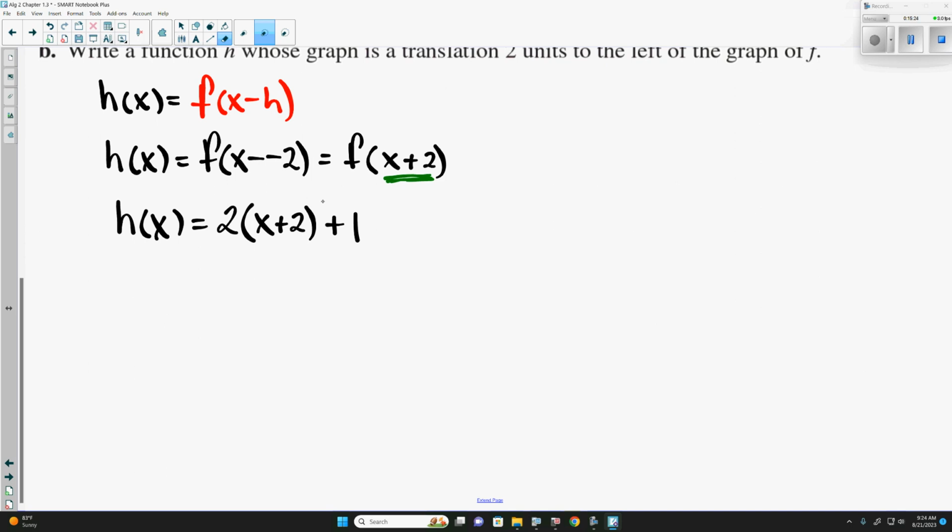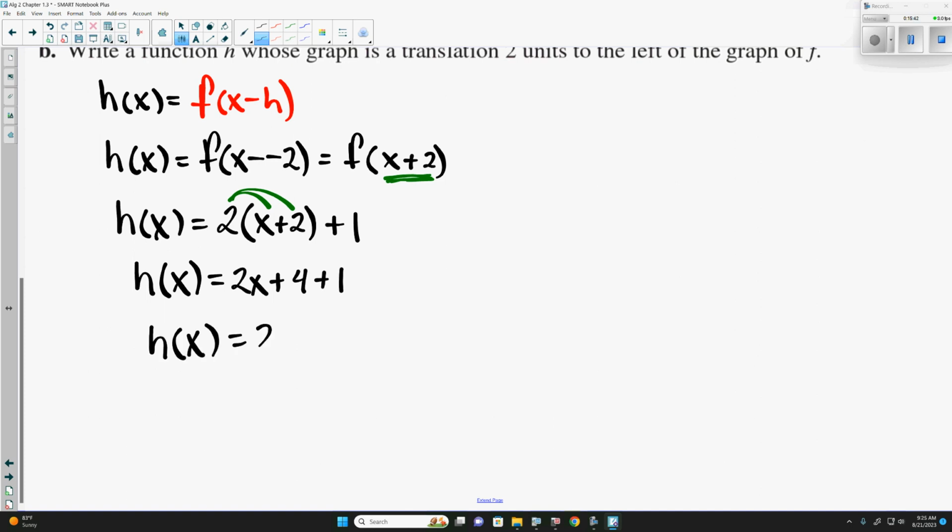So what we need to do is distribute the 2. 2 times x is 2x. 2 times 2 is going to be plus 4, plus 1. And last but not least, we have 2x plus 5, and that's it.